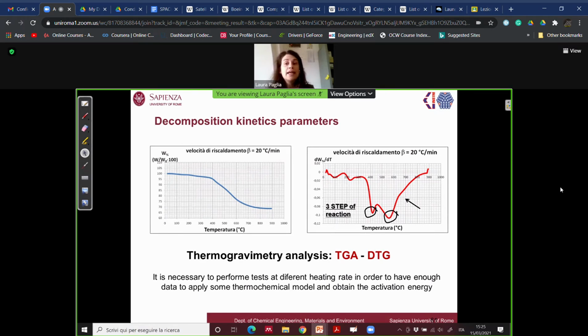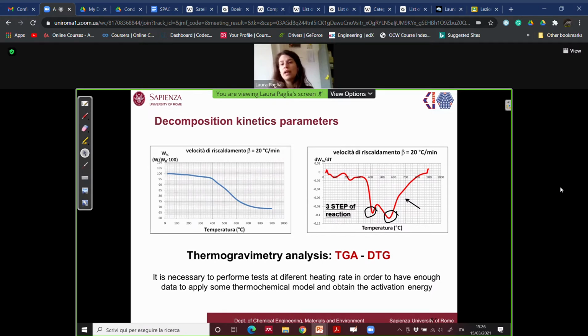During the heating, we can evaluate the weight of our sample. This procedure can also be carried out in a controlled atmosphere, so in vacuum, in inert gas, or in an oxidizing atmosphere. This technique can be used for a lot of applications. So we have a sample inside a furnace.